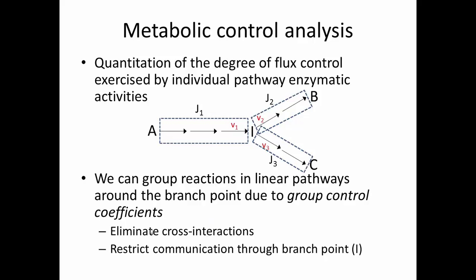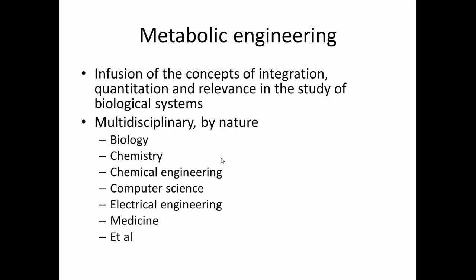So we can eliminate any cross interactions that aren't relevant. And maybe under the conditions you're operating, you don't produce an intermediate for a different pathway. We can eliminate what we don't need. We can restrict the communication, and this term communication is the carbon flow through our branch point. So that's what we mean by communication. And then establish the degree of flux control that's exercised by these different pathways.